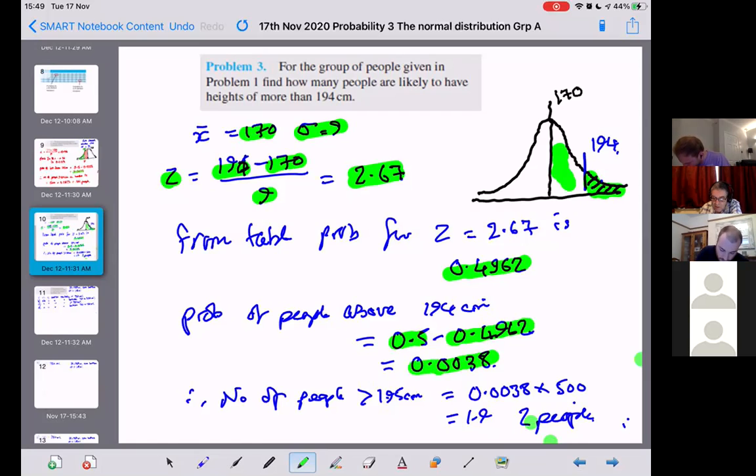Therefore, the number of people taller than 194 centimeters is 0.0038 times the 500, 1.9, or to the nearest person, 2 people. So statistically, in that sample, you'd expect to find 2 people taller than 194 centimeters.